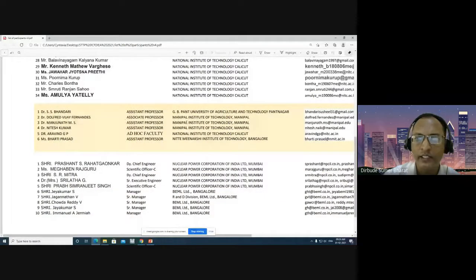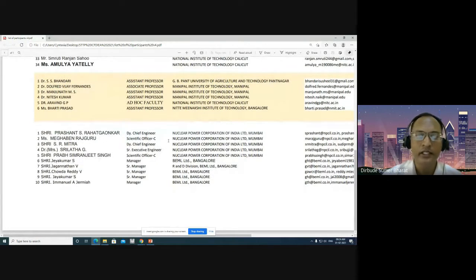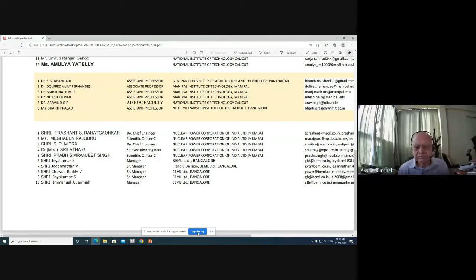We have faculties from GB Pant University of Agriculture and Technology, Pantnagar, 3 faculties from Manipal Institute of Technology, Manipal, 1 faculty from NIT Calicut, and 1 faculty from Nitte Meenakshi Institute of Technology, Bangalore. And we have industry participants: 5 from Nuclear Power Corporation of India Limited, Mumbai, and 5 from BEML, Bangalore. That's all.